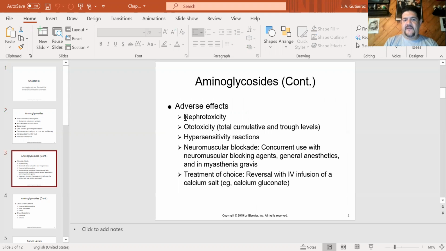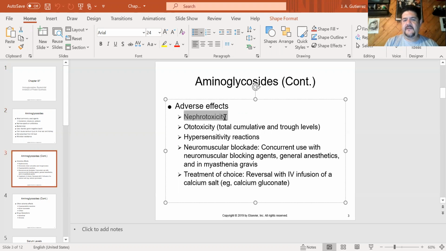So adverse effects: nephrotoxicity or kidney damage, ototoxicity or ear damage. It's very important, and we're going to continue mentioning this, that every time you have a patient on aminoglycosides, always follow with serum plasma levels.